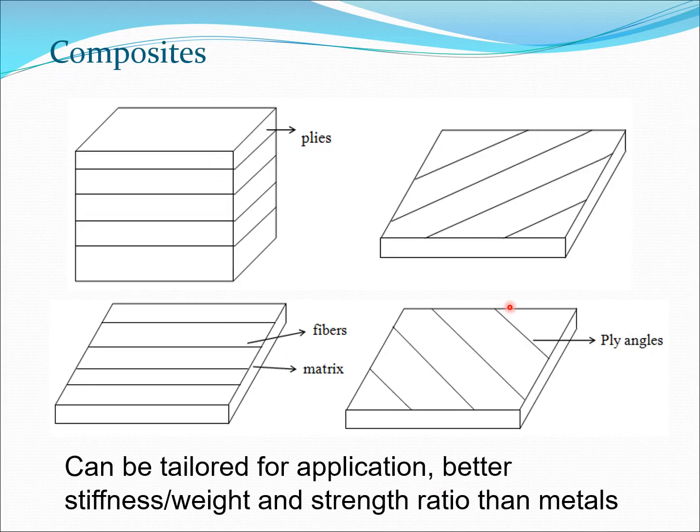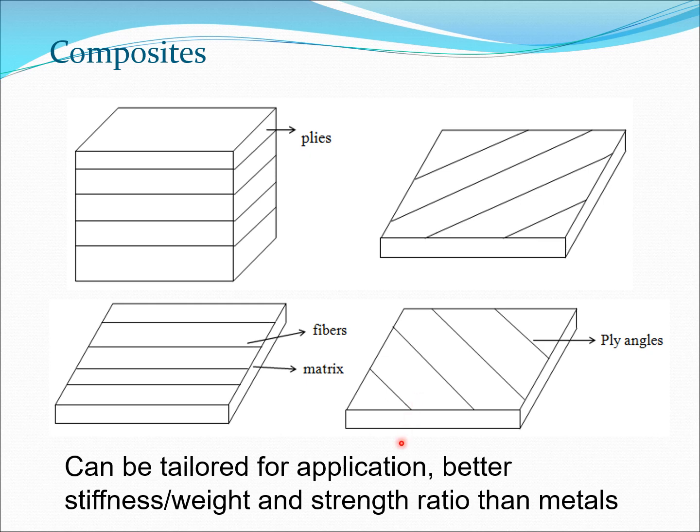And when we combine plies which are different, we may have a 0 degree ply here, a 45 degree ply, a minus 45 degree ply, and these are known as the angles of the ply. The fibers are here, and the matrix is the bulk material which is here. One of the things we can do is that by giving different ply angles, we can tailor the composite for application.